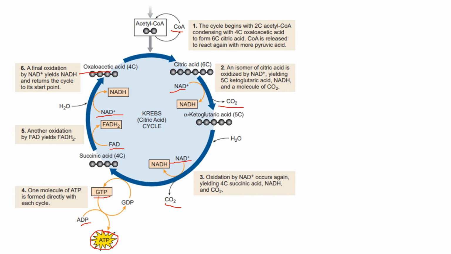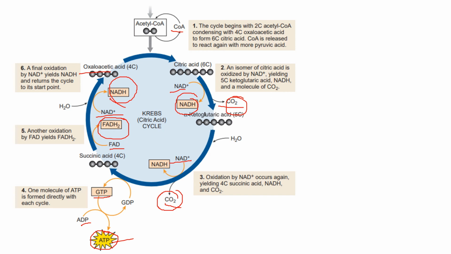Thus, the overall products of the Krebs cycle are carbon dioxide, ATP, NADH, and FADH2.